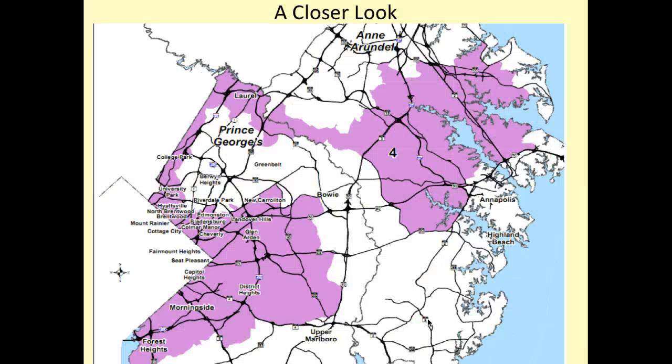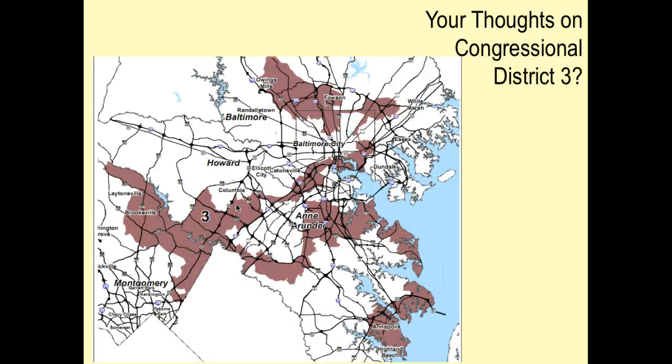All right, that's Maryland District 4, where much of us live in Hyattsville, and it's kind of a weird shape. It goes through Prince George's County, Arundel County. It's kind of weird, but check out this district. District 3. Does that look compact? It doesn't even look contiguous, but it technically is.